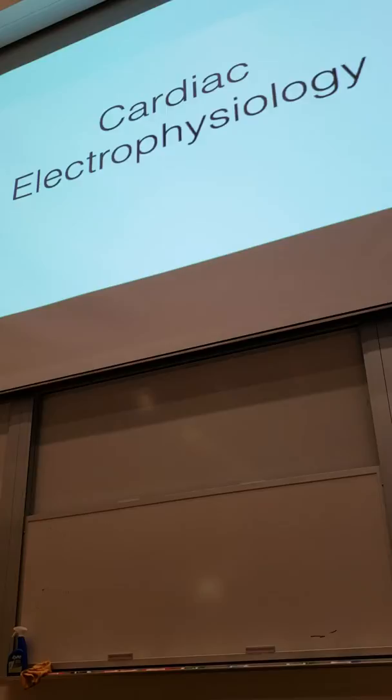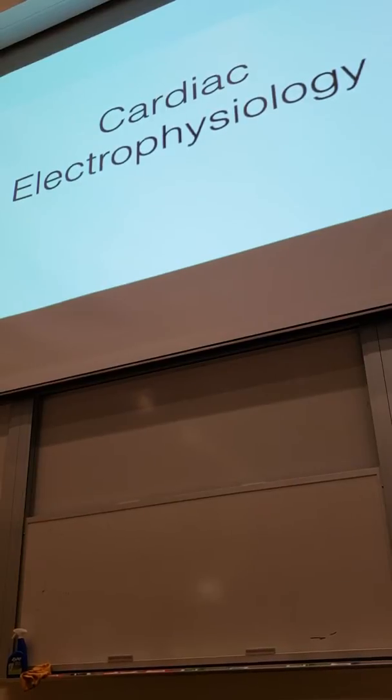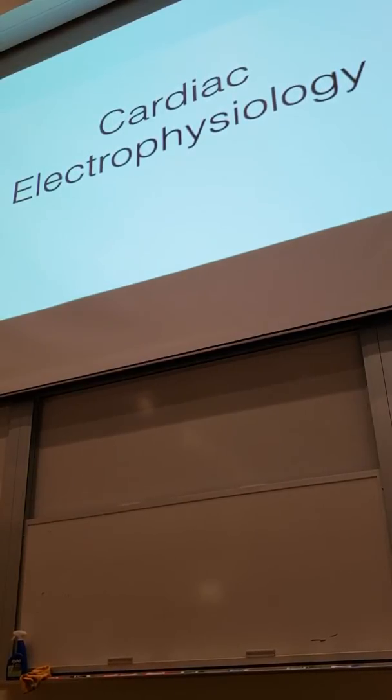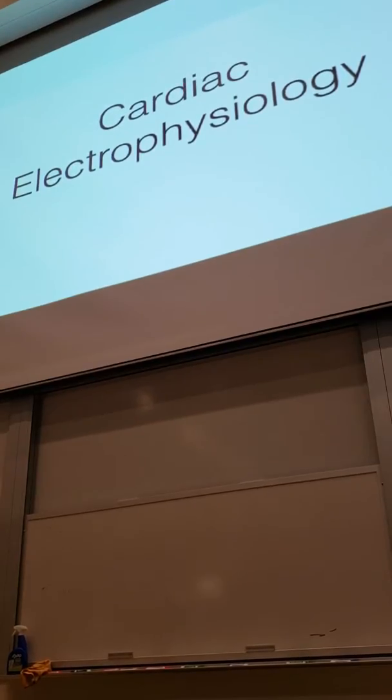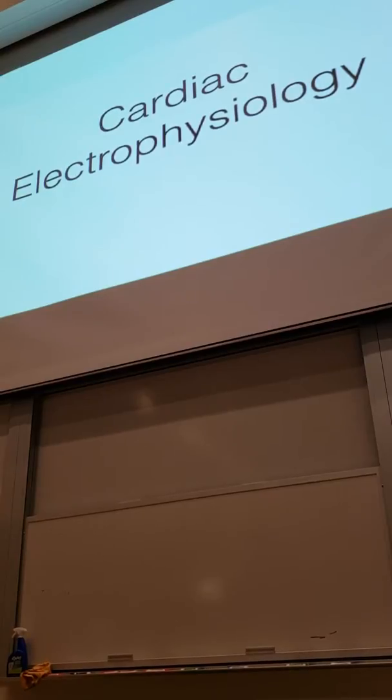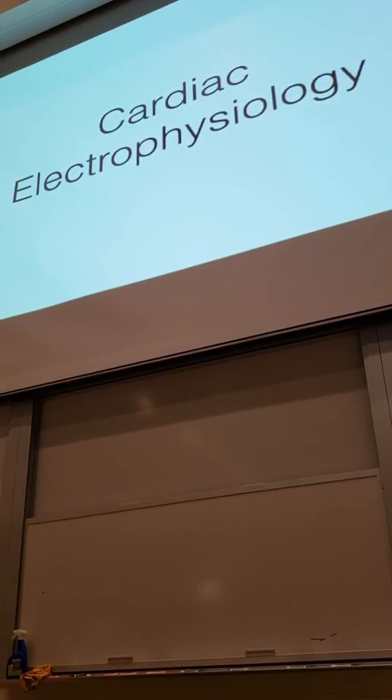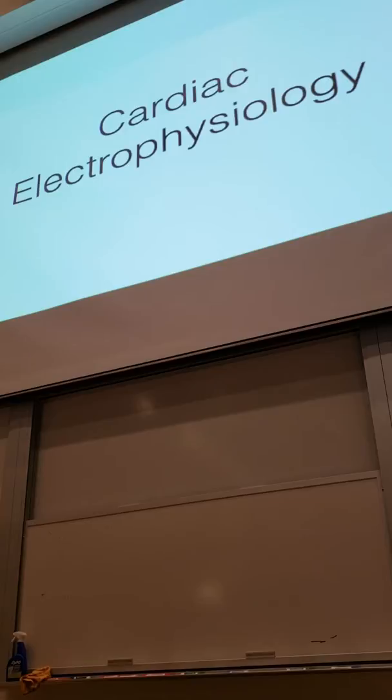Okay. So today, we are going to start talking about the heart, something we'll spend a few lectures on. We'll talk about the heart first today with regard to the electrical properties. We will get as far as talking about EKG, although we'll probably have to finish EKG next time.